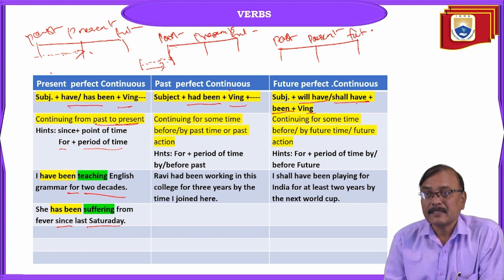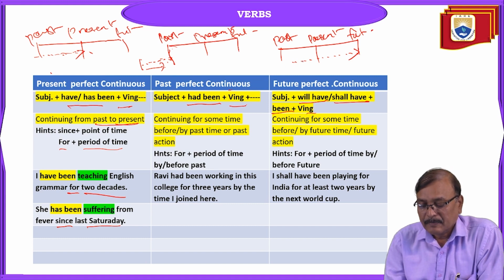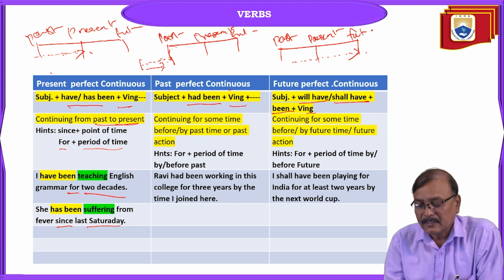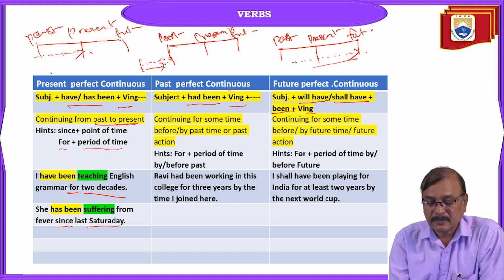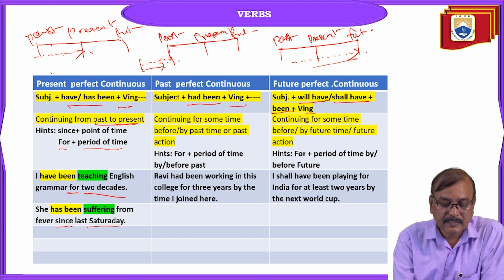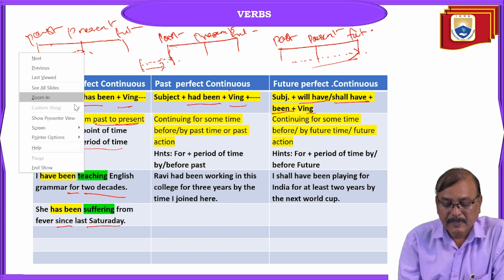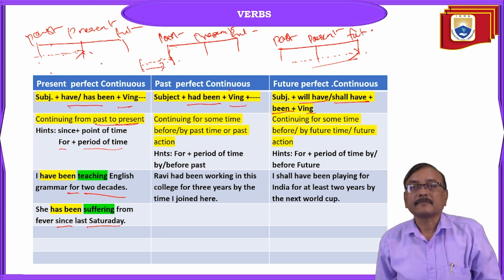Future perfect continuous tenses: they started somewhere here, before future, and continuing up to future. So that is present to future or past to future. So here this is future perfect continuous. Past to past, past perfect continuous. Past to present continuing, present perfect continuous. Simple.